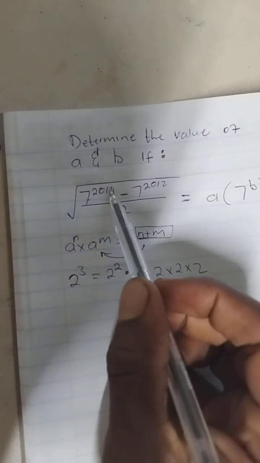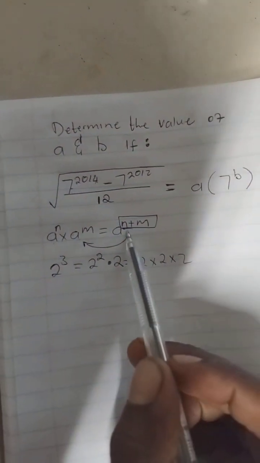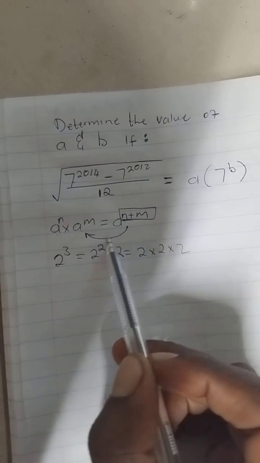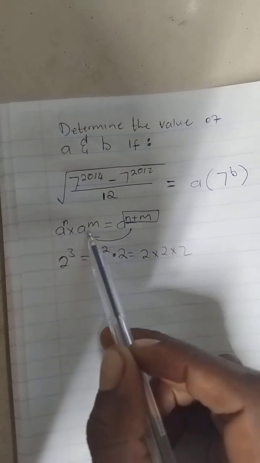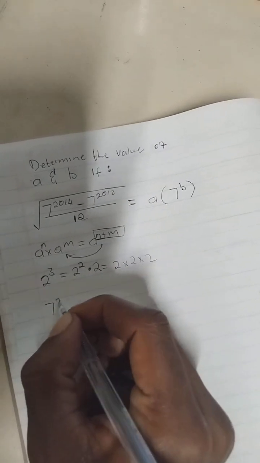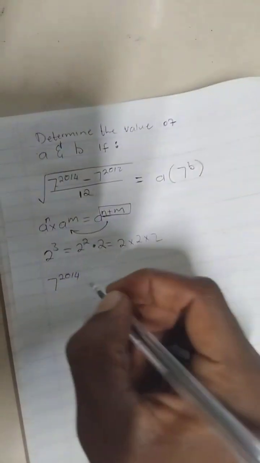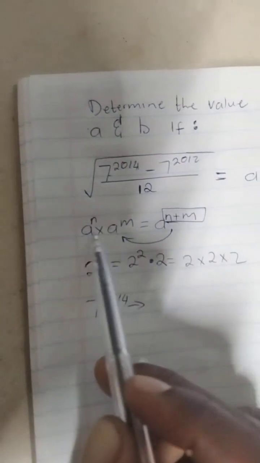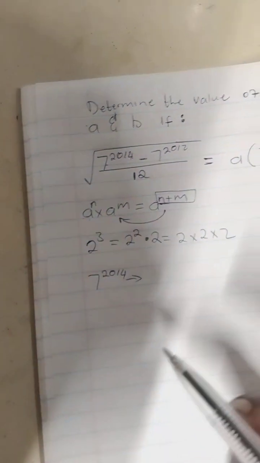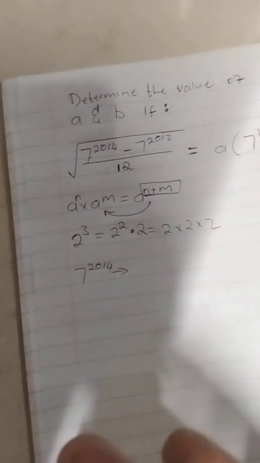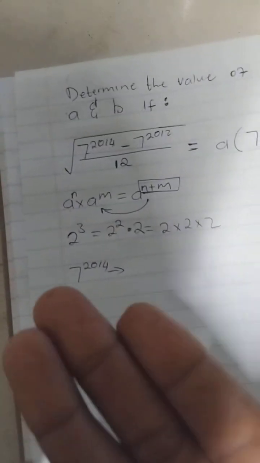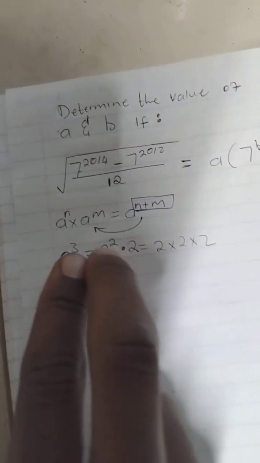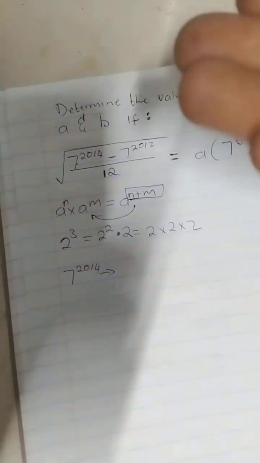Now, as we are working with this rule in reverse mode, I'm going to change this 2014 to what? Because I know when you multiply the very same bases, you add the exponents. But I'm not really interested in the bases, I'm working with the exponents.